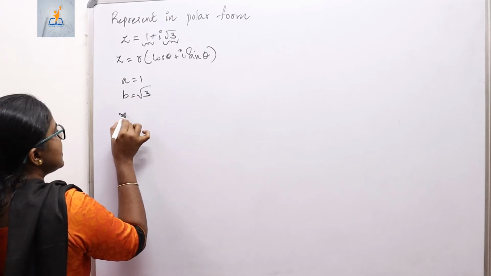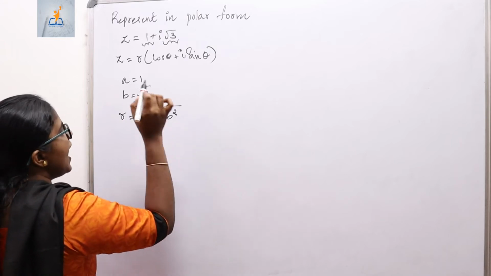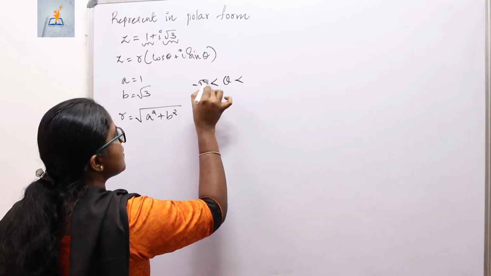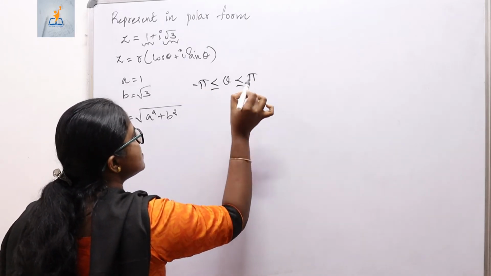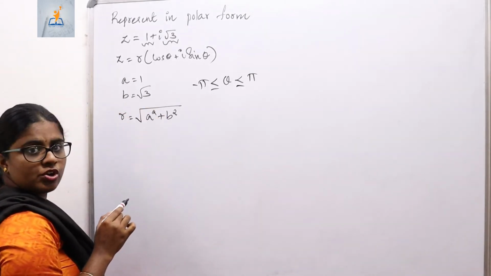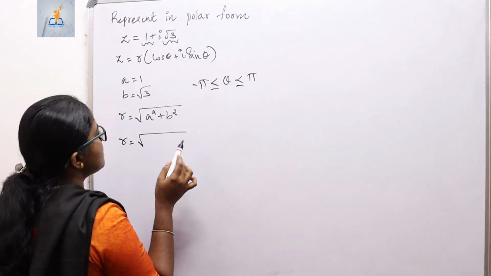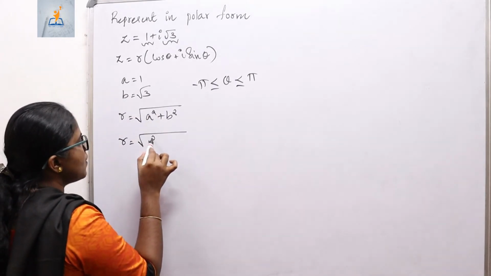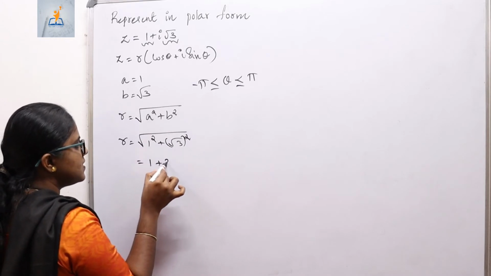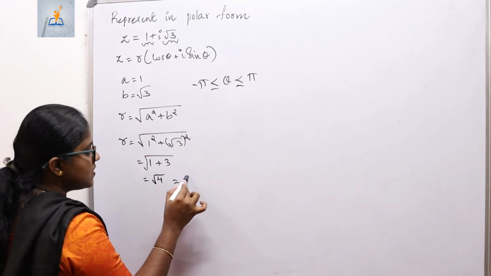Also r is equal to square root of a square plus b square, and theta is an angle between minus pi and pi, which is the principal argument. Since a and b are known, we can find r directly: square root of 1 square plus root 3 square, that is square root of 1 plus 3, which is root 4, which is 2.